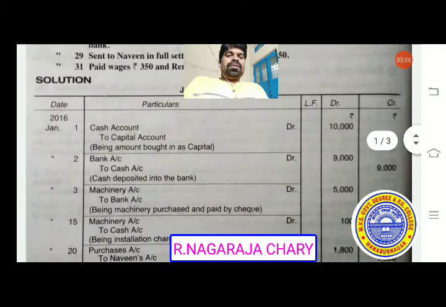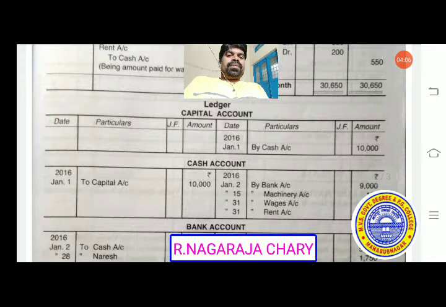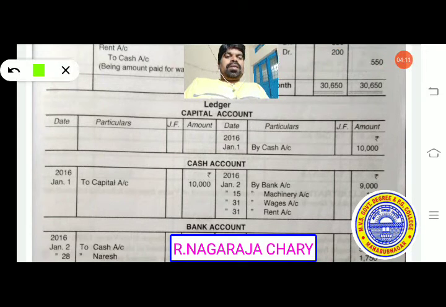The first journal entry is cash account debtor to capital account. Capital account is recorded on the credit side, and cash account is recorded on the debit side. We see the capital account on the credit side, because the journal entry is cash account debtor to capital account, so it is the right hand part.